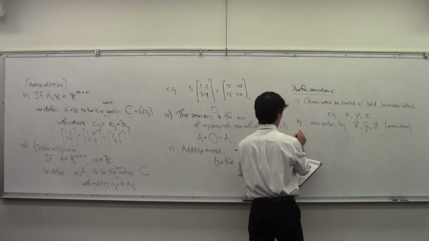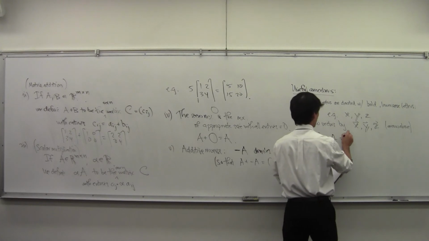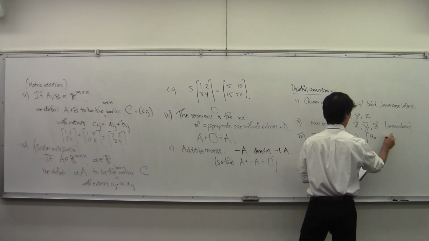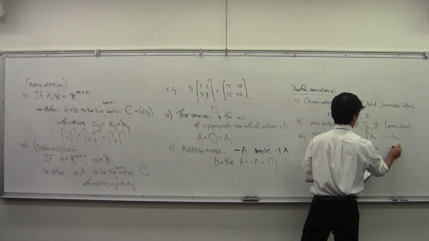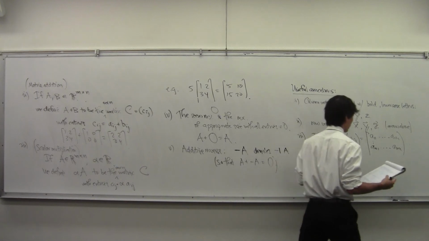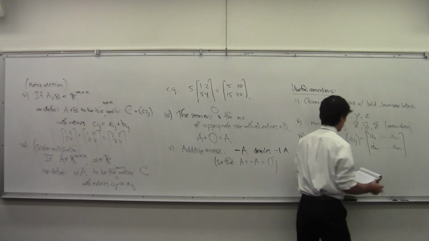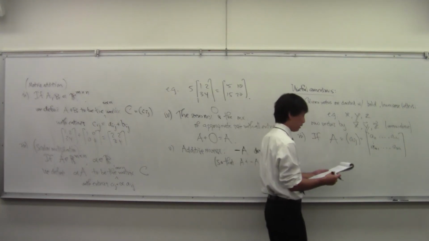Okay. So if A denotes the matrix A_ij, that's to say A11 through A1n, down to Am1 through Amn, here's a kind of odd but again useful thing.